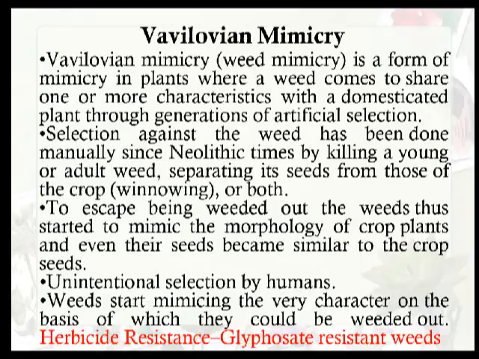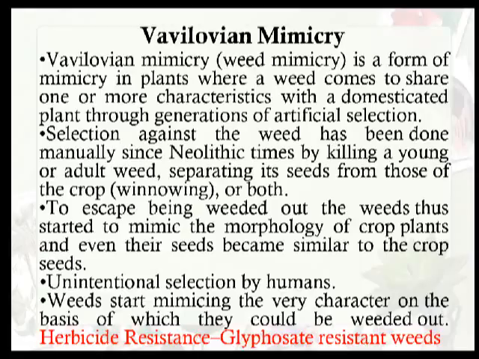The best example in this term is herbicide resistance. In recent times, we have been having glyphosate resistant crops, that is Roundup ready seeds, we are calling them, because we know it is a non-selective kind of herbicide.